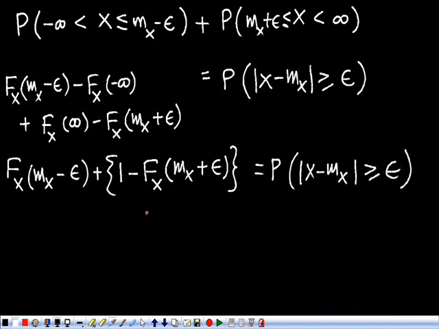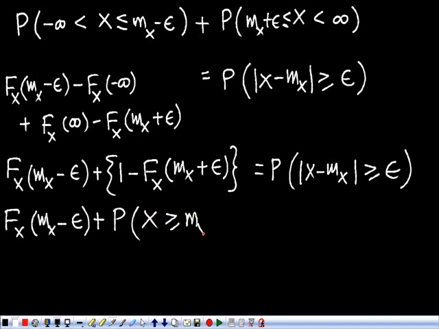Are you following? Now this can be written as fx of mx minus epsilon plus, can I write this as probability of x greater than or equivalent to mx plus epsilon, because it is 1 minus fx of x.